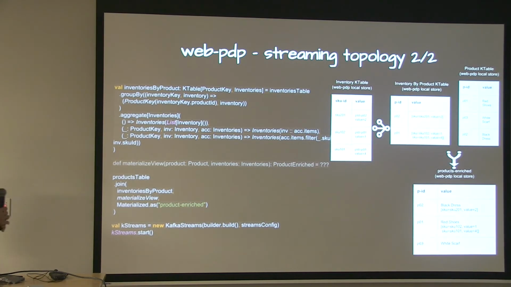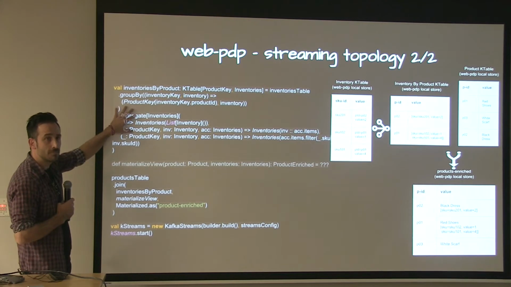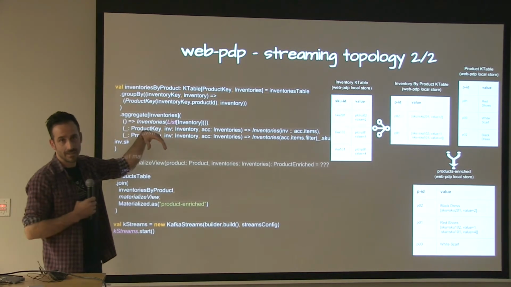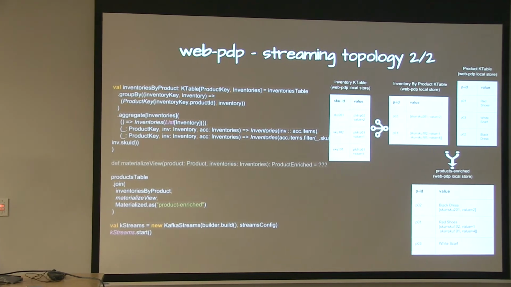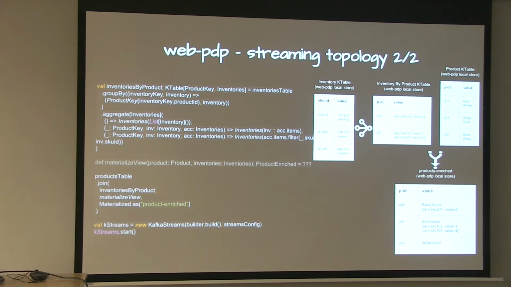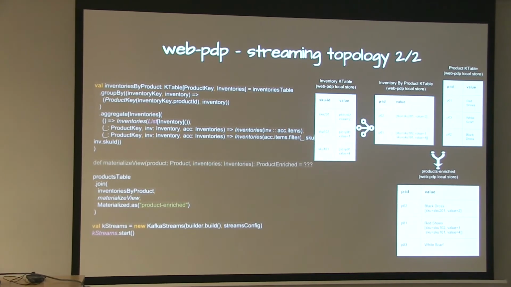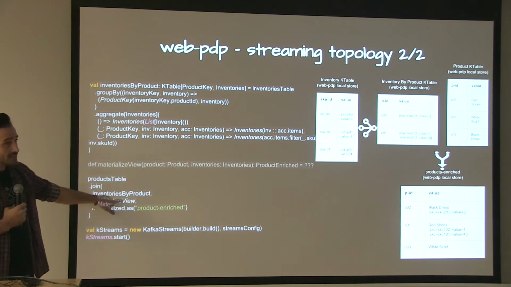A couple of things to notice is that this operation is stateful. So it means that it creates an internal topic in Kafka, because you can run this process distributed across a number of different nodes. The second thing to notice is this guy called materialized view.